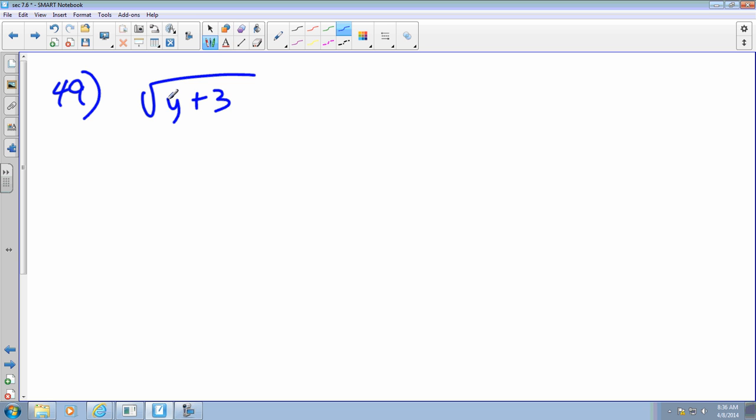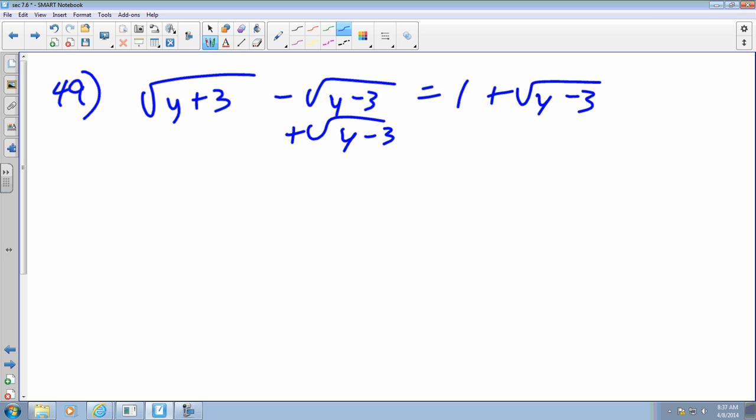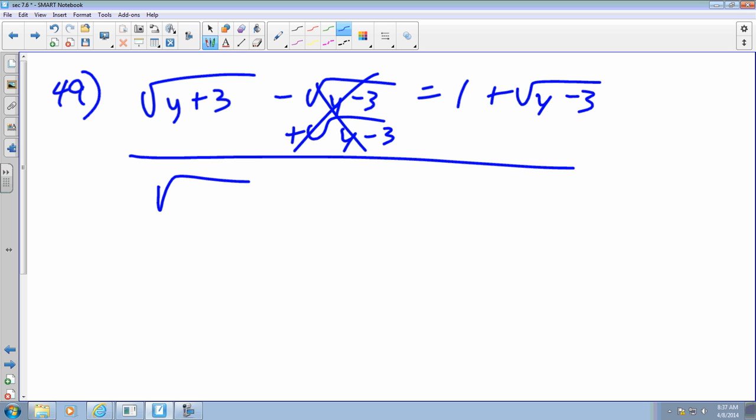Square root of y plus 3 minus square root of y minus 3 equals 1. We're going to have to split these, so I'm going to add square root of y minus 3 to both sides. That goes away. So I'm going to square both sides, so I get square root of y plus 3 squared.